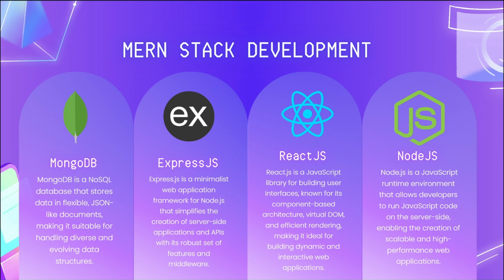React.js is the front-end technology that we have used in this MERN stack. Now the fourth one is Node.js. Node.js is a JavaScript runtime environment that allows developers to run JavaScript code on the server side, enabling them to create scalable and high performance web applications. So this is the basic overview of MERN stack development.